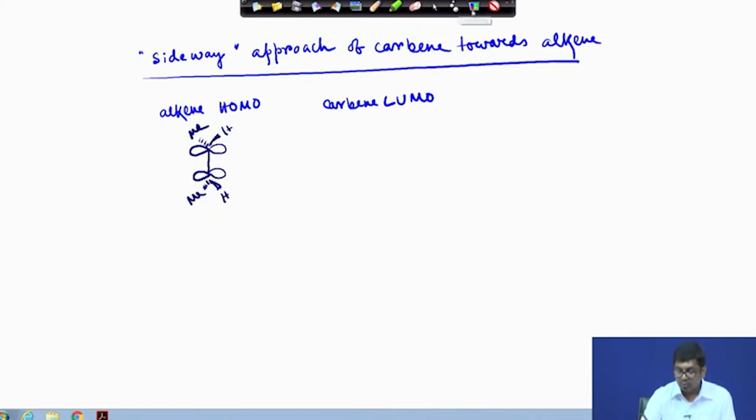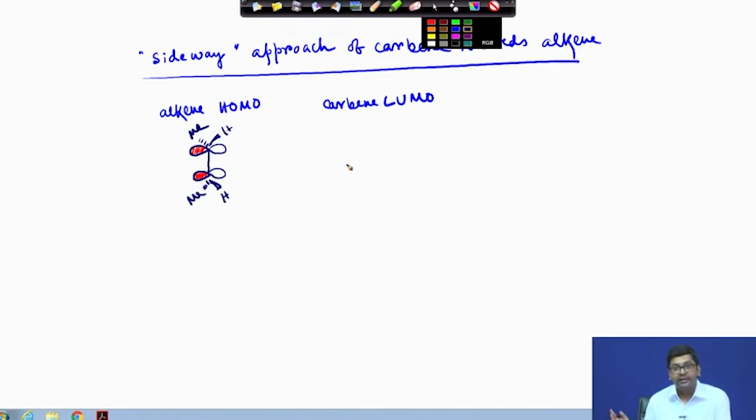Okay. Now, its HOMO means, okay. So, this is the corresponding olefin's highest occupied molecular orbital. Now, we will see its LUMO, that means the empty p orbital, that we will see.